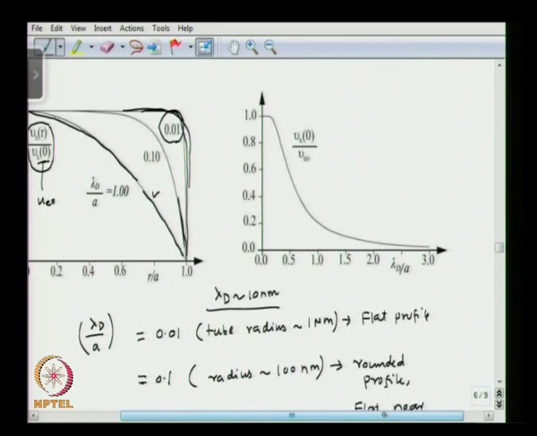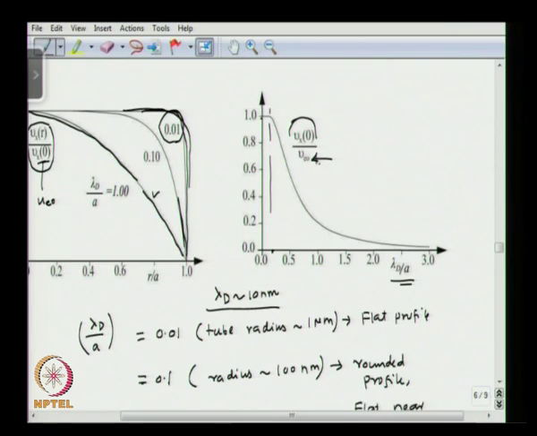Here on the x axis you have lambda d over A, and on the y axis you have the maximum velocity at the center divided by some characteristic velocity. When lambda d over A is small, the velocity is comparable to the ideal electroosmotic flow velocity.